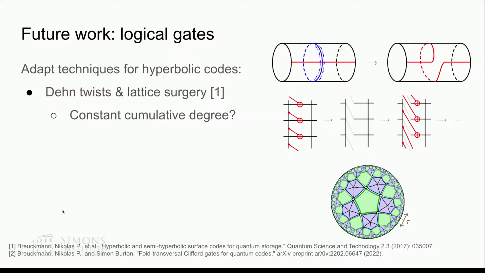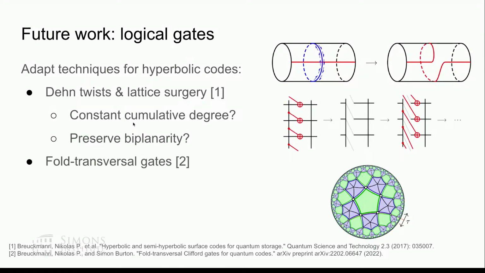Firstly, the cumulative degree of connectivity scales with the distance, or either that or you have to increase the number of physical qubits. And as a result, it wouldn't necessarily preserve the biplanarity. So these can be adapted to Floquet codes, and there are details to be worked out there, but there are also these caveats.